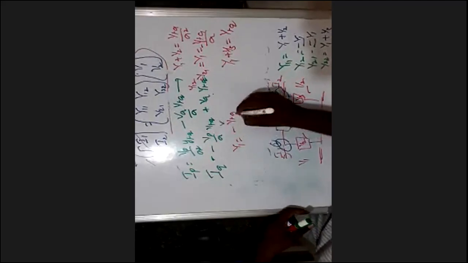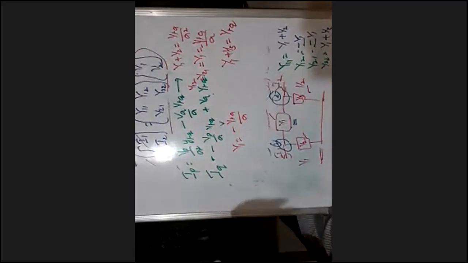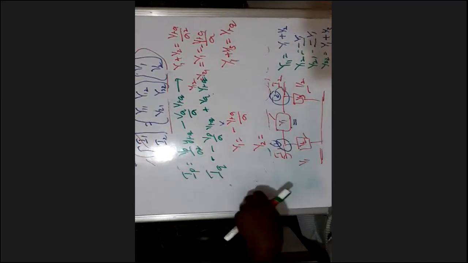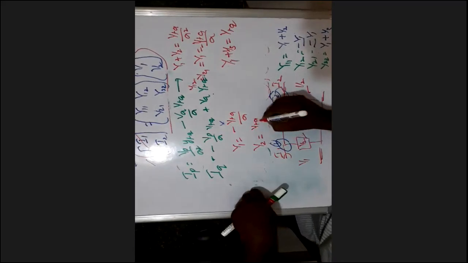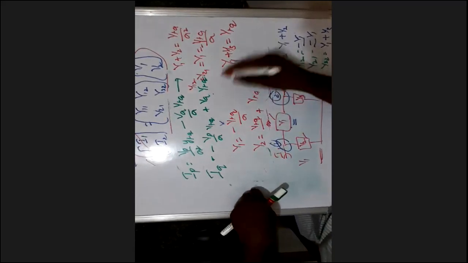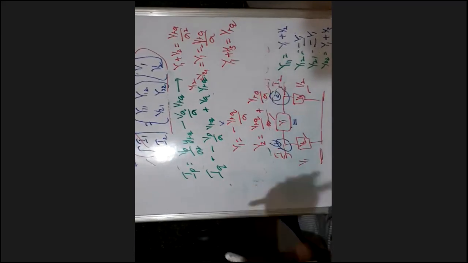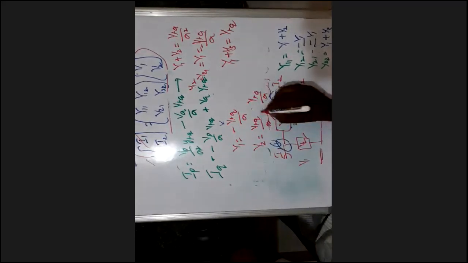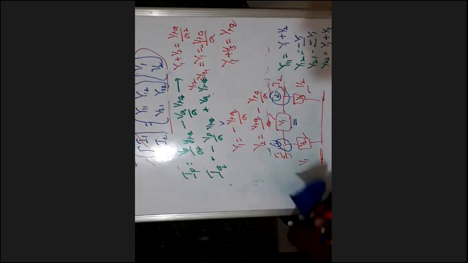Minus YTQ by A. Sorry, one second. Y1 is equal to minus YTQ by A.